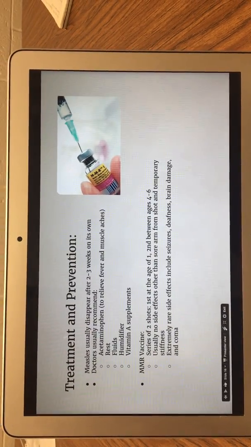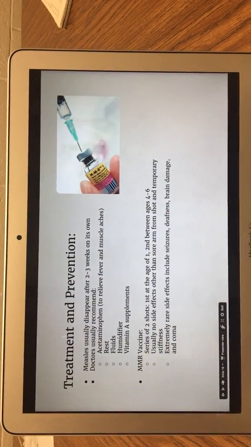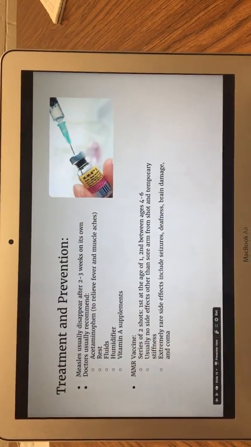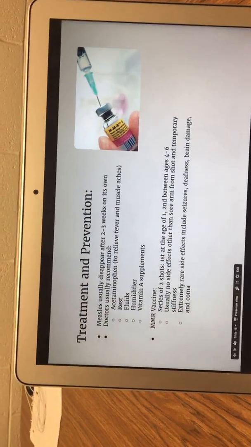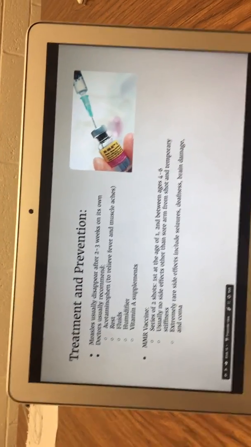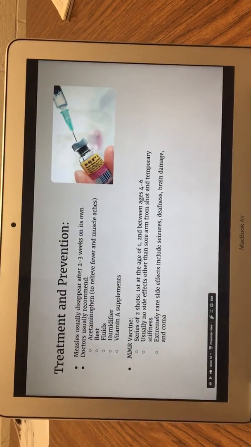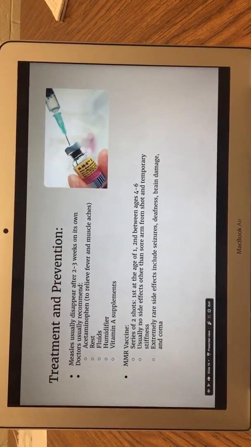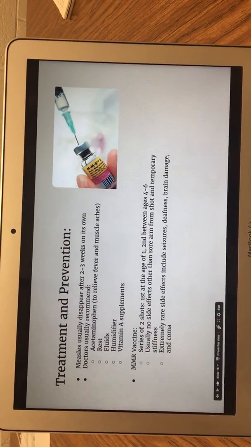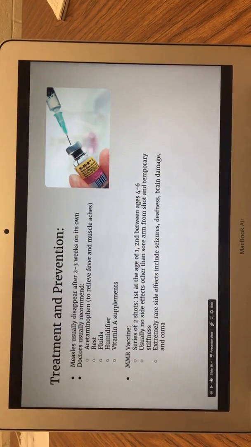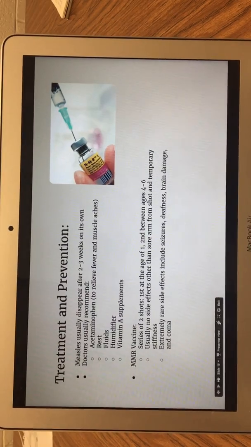Lots of rest, fluids, a humidifier, and vitamin A supplements. Vitamin A helps fight off the measles virus, making the supplements crucial in the recovery, because the more vitamin A in your system, the faster you'll be rid of the virus, and the less vitamin A in your body, the more susceptible one is to the virus.